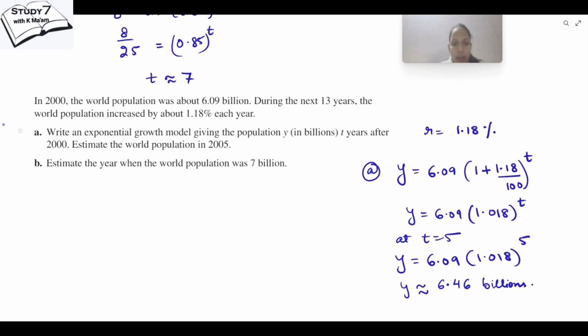Now the B part: estimate the year when the world population was 7 billion. So we have to check when it is 7 billion. You can draw the graph and check where it intersects 7. Otherwise, put y as 7: 7 equals 6.09 times 1.018 to the power t. Divide by 6.09.